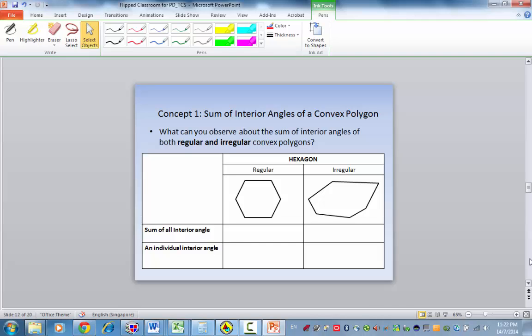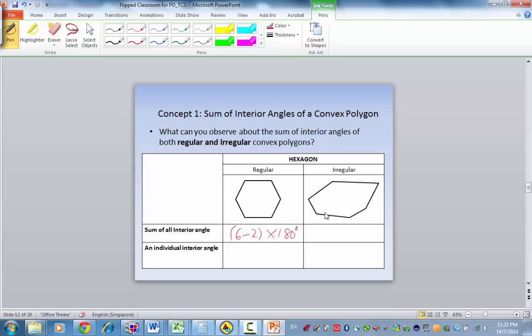Can the formula be applied to an irregular polygon? Let's examine this six-sided polygon. Sum of all the interior angles of the regular polygon six-sided will be six minus 2 times 180 degrees.